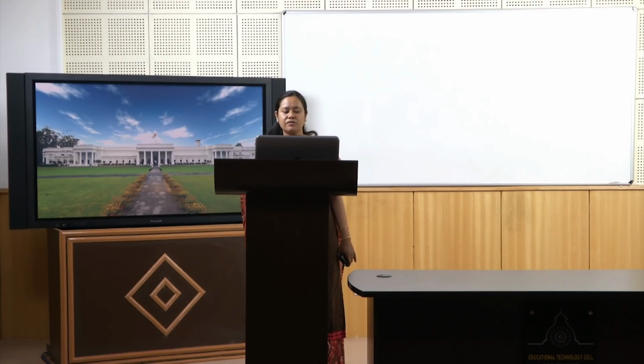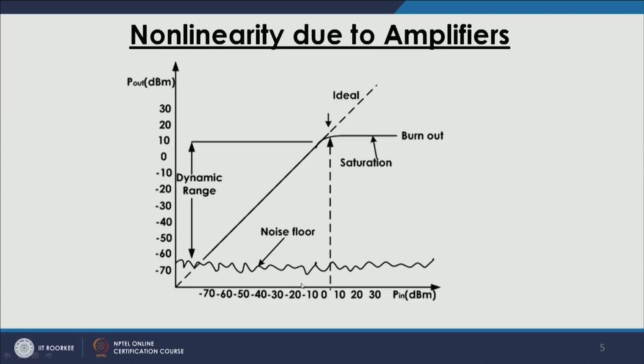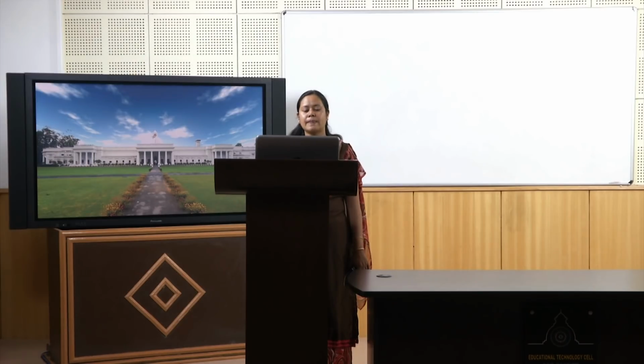But when we go to a very high input power level, after some time our output is not proportional to the input and it becomes saturated, it becomes flat, as shown here. If we still keep increasing the power, then eventually it will burn out. So, when we start seeing the saturation power, we know that it is working at its peak.